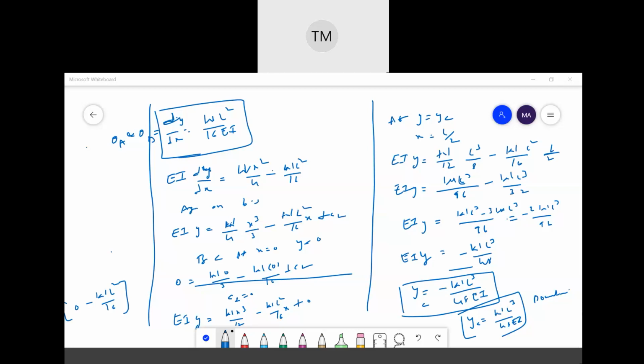Next, you have one problem. That is page number 518, problem number 12.1 in the R.K. Bansal textbook.